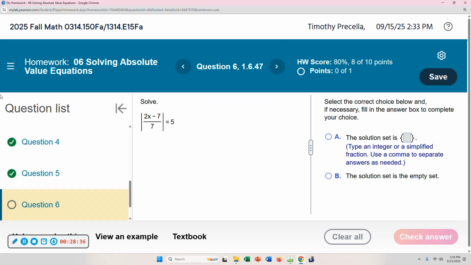Okay. There's only seven problems in this assignment, so we had to get something a little messier, don't you think? So here goes. We have the absolute value of the fraction 2x minus 7 over 7 is equal to 5.